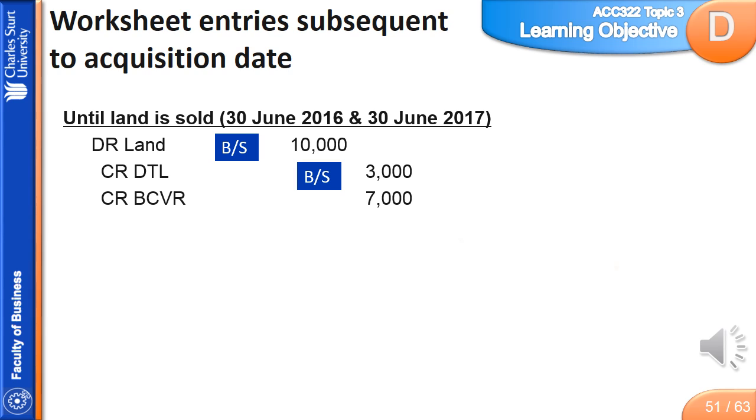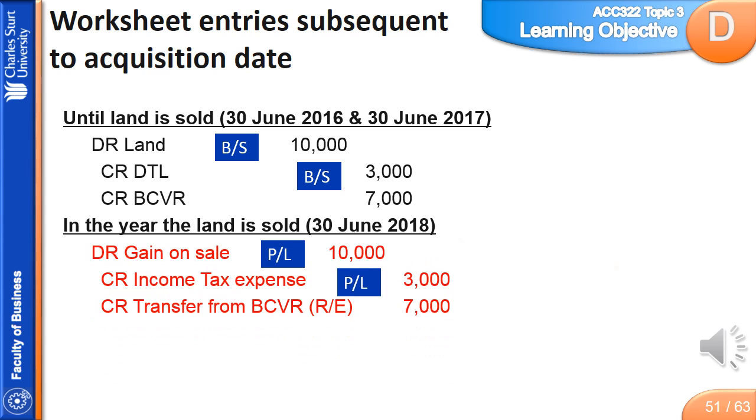In the year the land is sold, we would, as mentioned on the previous slide, debit the gain on sale of land $10,000. We then credit the income tax expense account by $3,000, and then instead of BCVR, we would credit the transfer from BCVR account for $7,000.